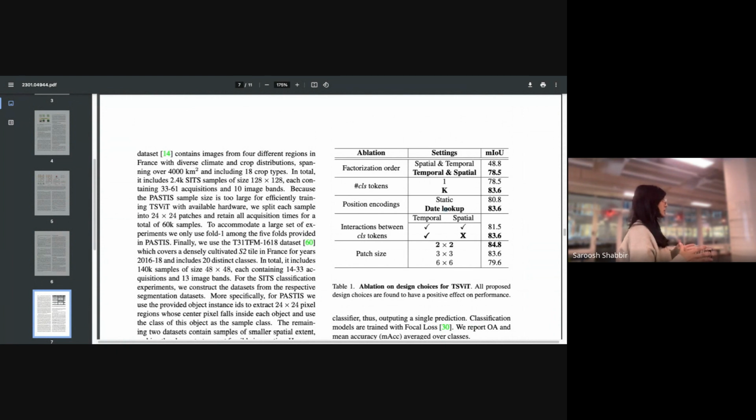The bigger the patch size, the less information. Is that in pixels? No, patch size isn't pixels. Patch size is how you've cut up the image, basically. Okay.